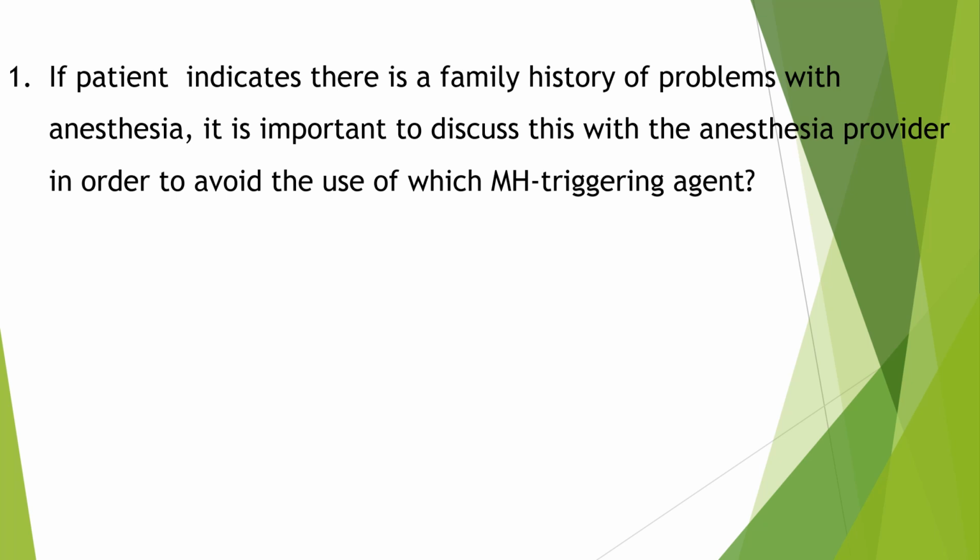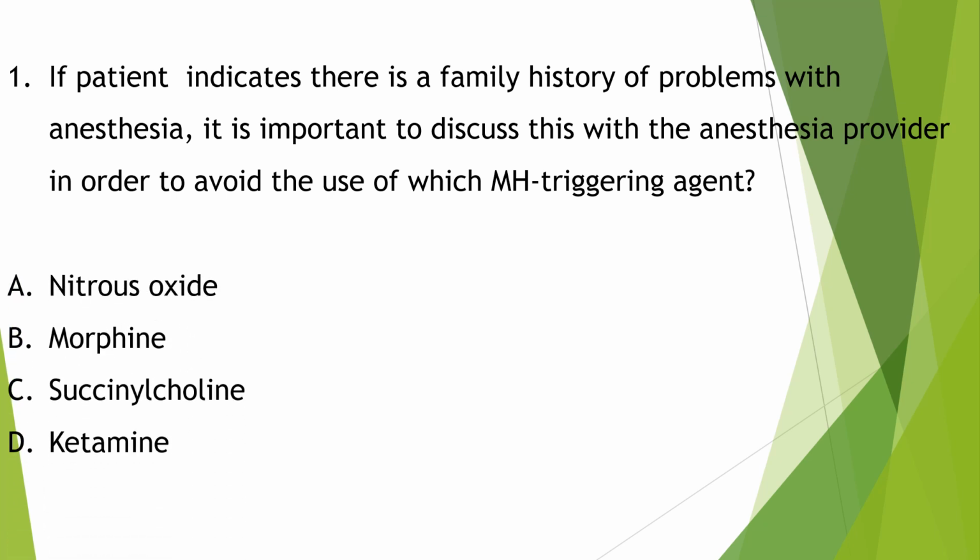Here the question is asking which agent, when we provide it, will result in malignant hyperthermia, MH. Is it nitrous oxide? No. Other volatile gases other than nitrous oxide result in MH. It's not morphine, but the third one, succinylcholine, and not ketamine.